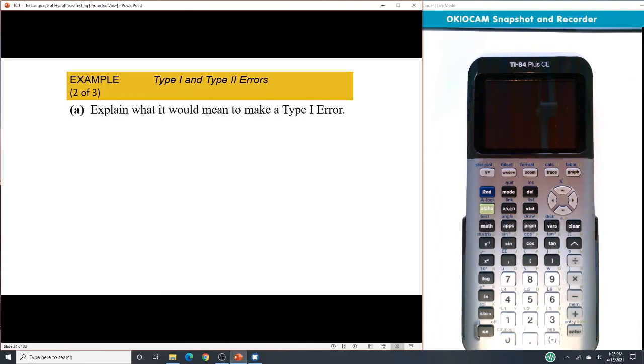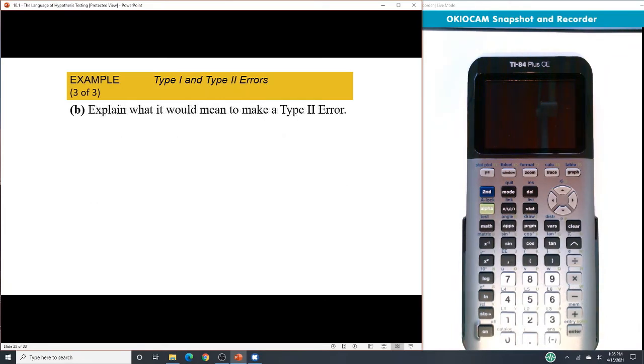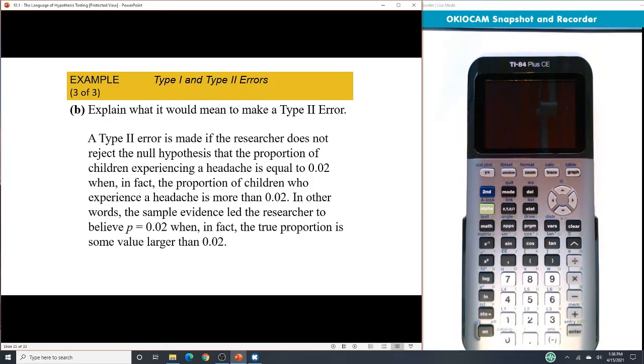A type 1 error would mean here that the sample evidence leads us to believe that it's actually greater than 0.02 when it's not. We have to be careful of those pieces. A type 2 error would mean that we do not reject the null hypothesis when in actuality the value is greater than 0.02.